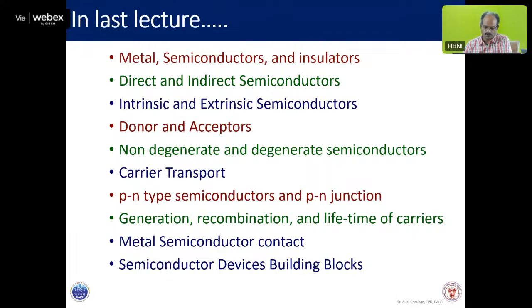Basically, there are four device building blocks. One is metal semiconductor contact. There is PN junction, and the third one is the heterojunction, where two or more semiconductors having different band gaps are joined together, and then metal oxide semiconductor.